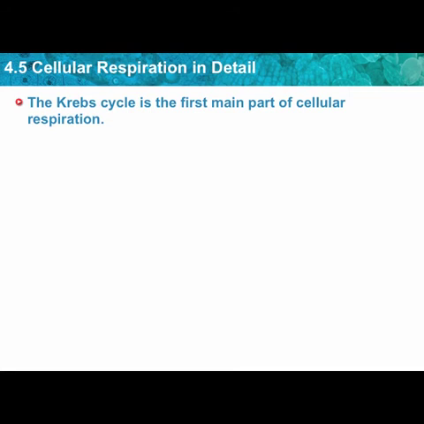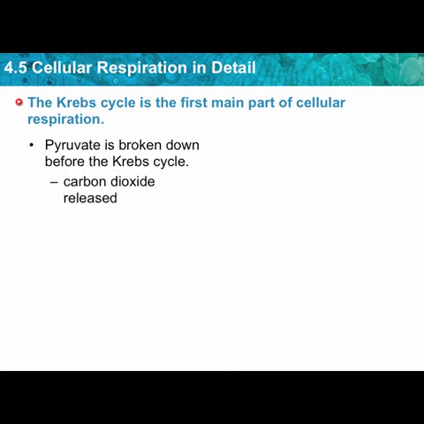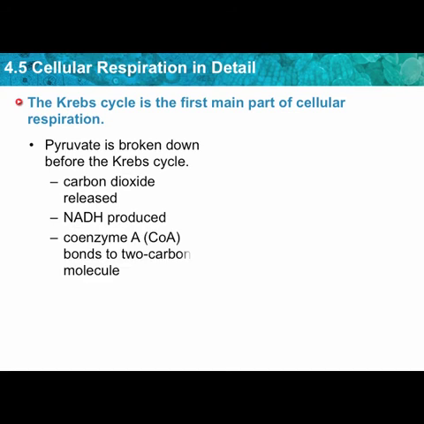Krebs cycle is the first part of the cellular respiration. Pyruvate is broken down before the Krebs cycle. Carbon dioxide is released. NADH is produced. It's an energy-rich molecule. Coenzyme A bonds to 2 carbon molecules.